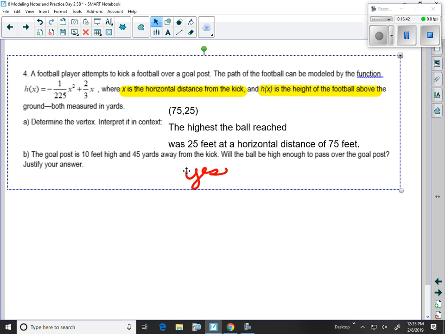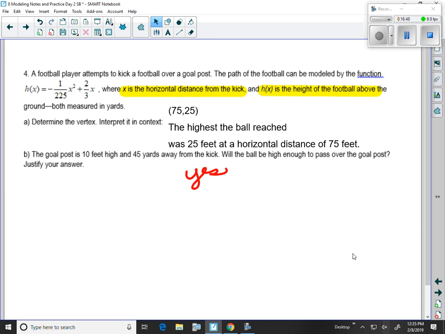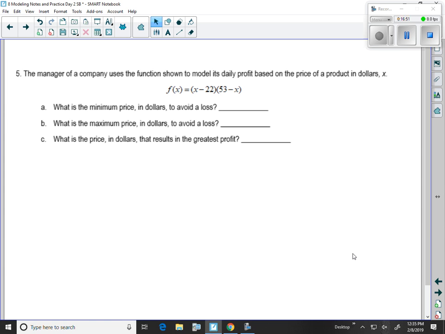I think we only have a couple left. The manager of a company uses the function to model its daily profit based on the price of production in dollars. So let's talk about what this means. What does X represent?